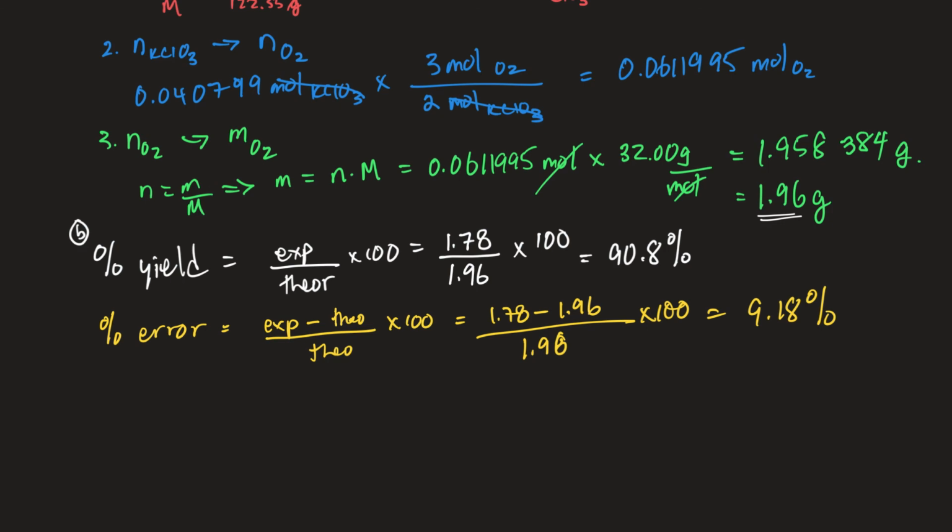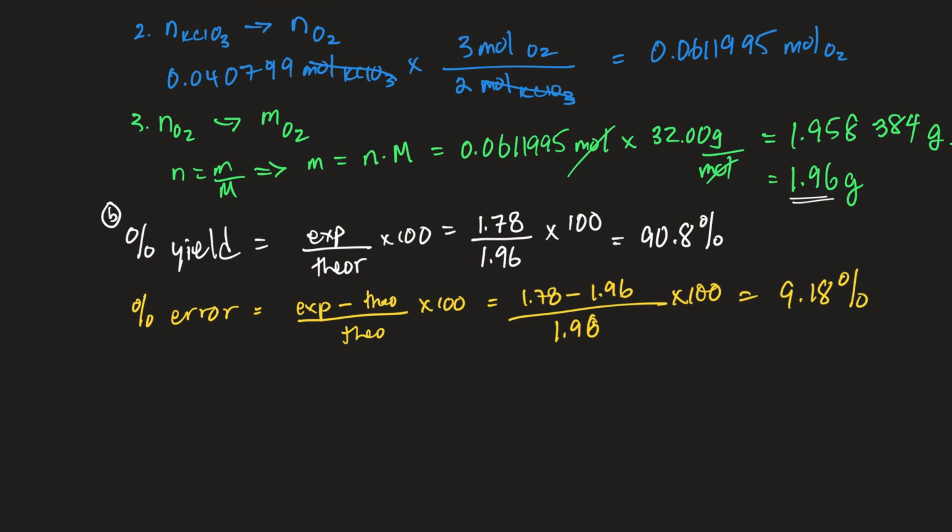Anytime they want a theoretical yield, they want you to do stoichiometry and figure out what you should get when you do the experiment. And then the percent yield is a nice number that says how close you were to that. And that's 90.8. And then how much are you off? That's your percent error. All right, hopefully that helps you with that question.